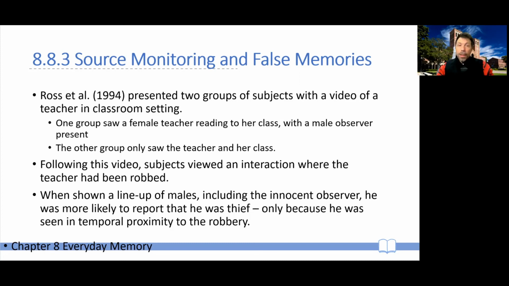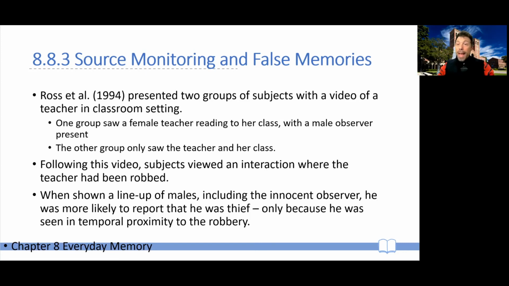Turns out, more likely than not, the innocent male observer, who was not the person that had committed the robbery, was picked as the thief. Presumably, the only link that the observer had with the robbery was that he had been seen in temporal proximity to it. So he had been seen in the video before.